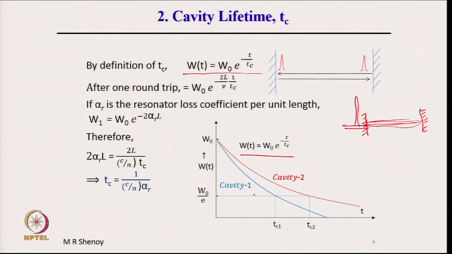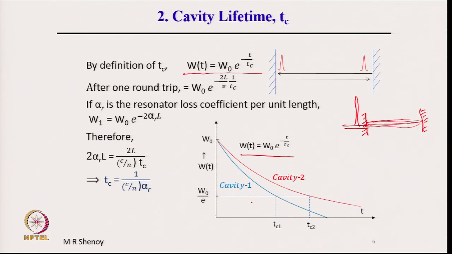For example, there are two curves shown here, one for cavity 1 and another for cavity 2. Cavity 2 is less lossy because the energy takes a longer time to decay. We are talking of cavity lifetime tau c, which is also sometimes called the passive cavity lifetime or passive photon lifetime in the cavity.